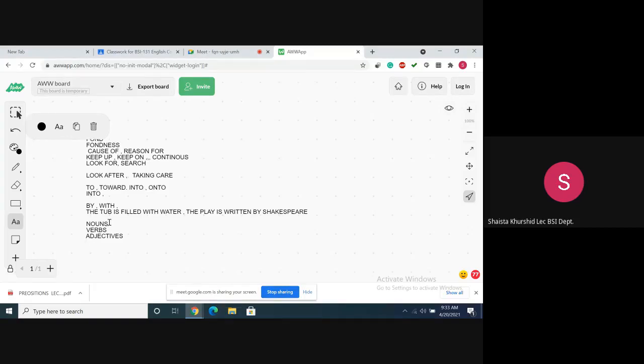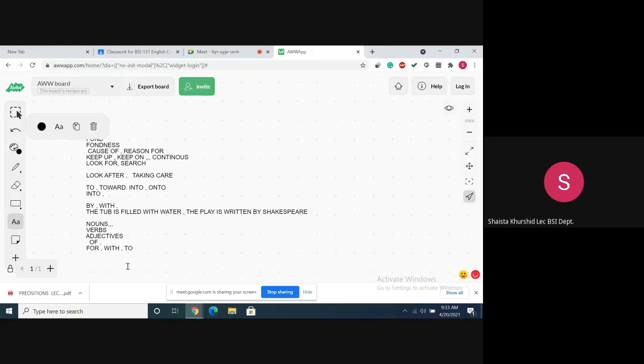ठीक है. With the nouns there are so many. Let me discuss the nouns first. With the nouns there are so many that we can put. For example, of, for, with, and to, हम कहाँ लगाते हैं with the nouns. ठीक है.